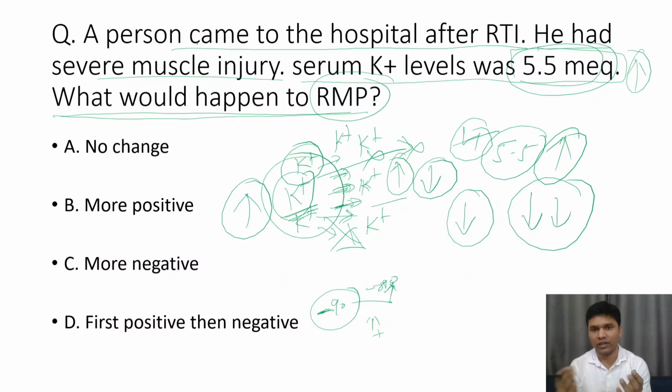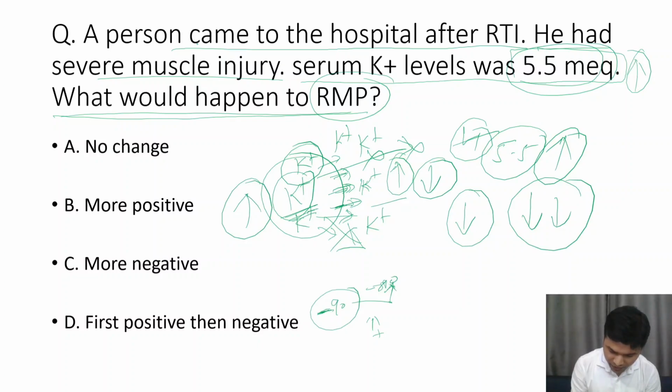Because the concentration gradient between inside and outside is decreased, less potassium will leave the cell. It means more and more potassium will remain inside the cell, and that will move the cell towards the positive direction. So negative will decrease and positivity will increase.